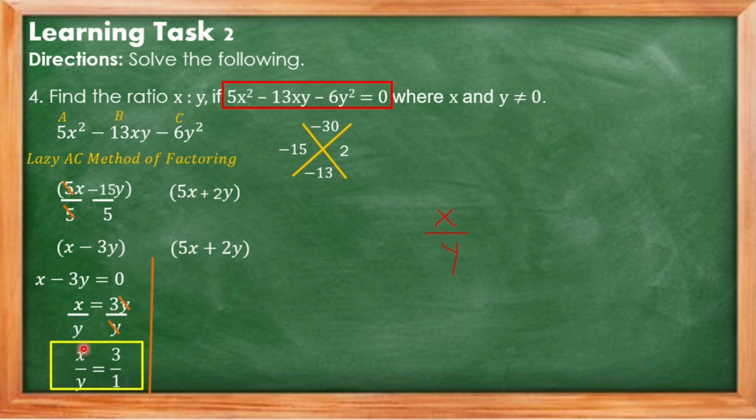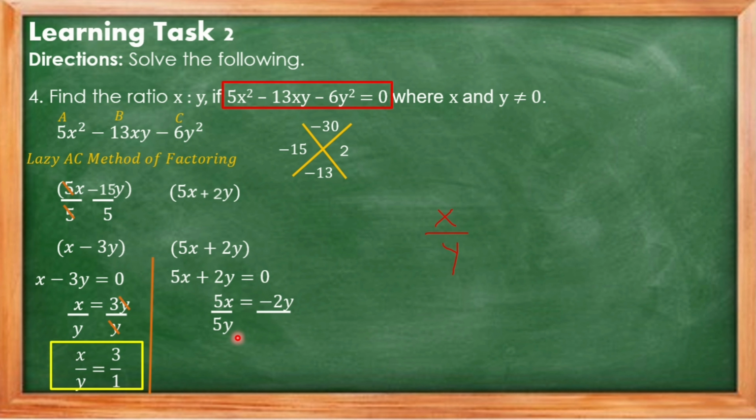Okay, tapos dito naman sa pangalawang factor, ganun din, equate lang natin to sa 0. So, we have 5x plus 2y is equals to 0. Then, ilipat lang natin tong 2y dito sa kabilang side ng equation. So, we have 5x bring down is equals to, so nilipat natin to kaya naging negative 2y. Okay, so para magkaroon tayo ng x over y, di-divide lang natin yung both sides of the equation ng 5y.